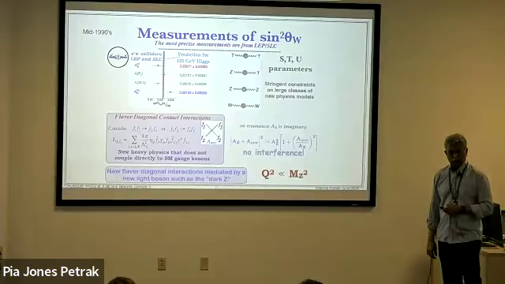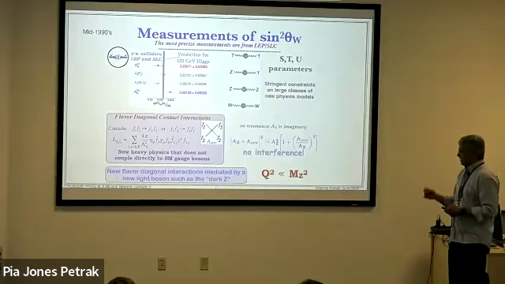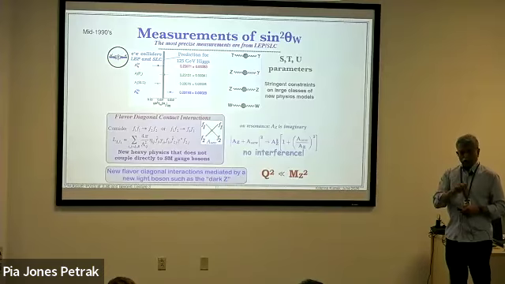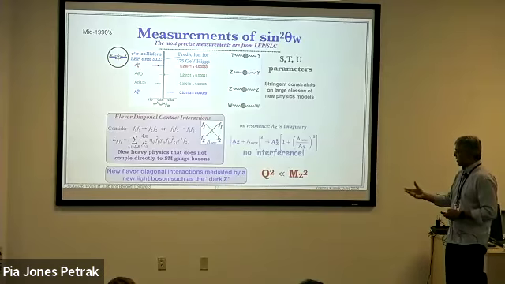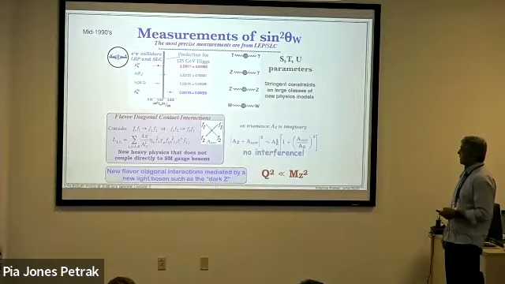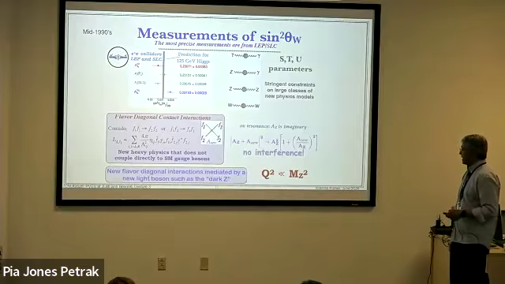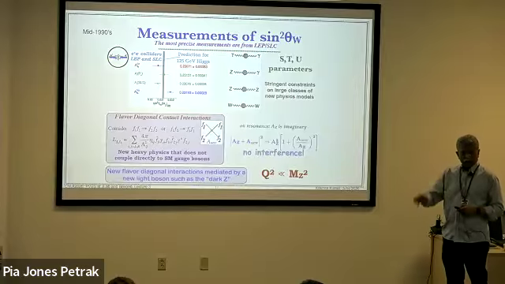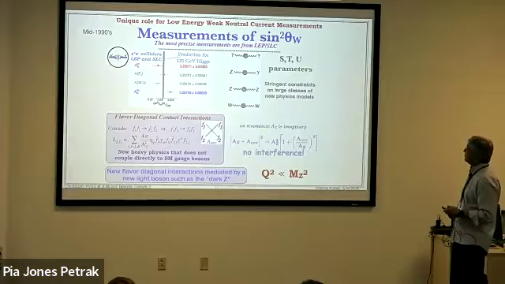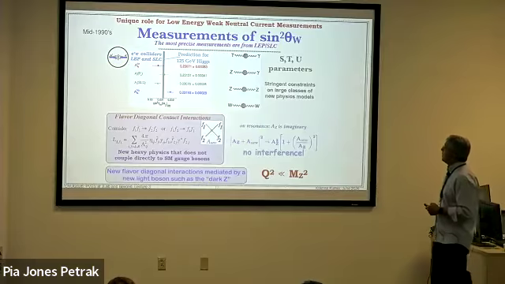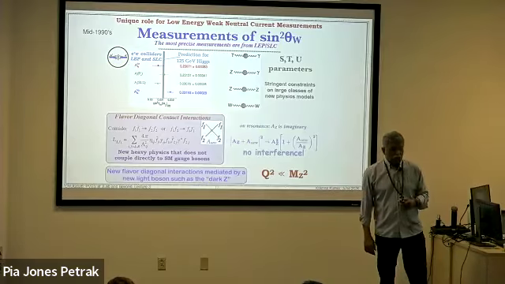Whereas if you did low energy away from the Z resonance, like we do here at Jefferson Lab or at SLAC with fixed target, then you can, in fact, get an interference term, and you get more sensitive than sitting on top of the resonance. So this is a unique role for low energy neutral current measurements.